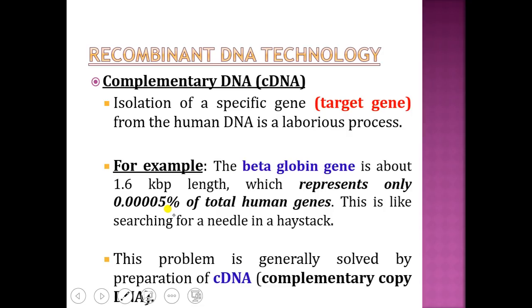To overcome this problem, we have a technique, the preparation of complementary DNA. We can produce a complementary copy of DNA to overcome the problem of isolating this gene. We'll see how.